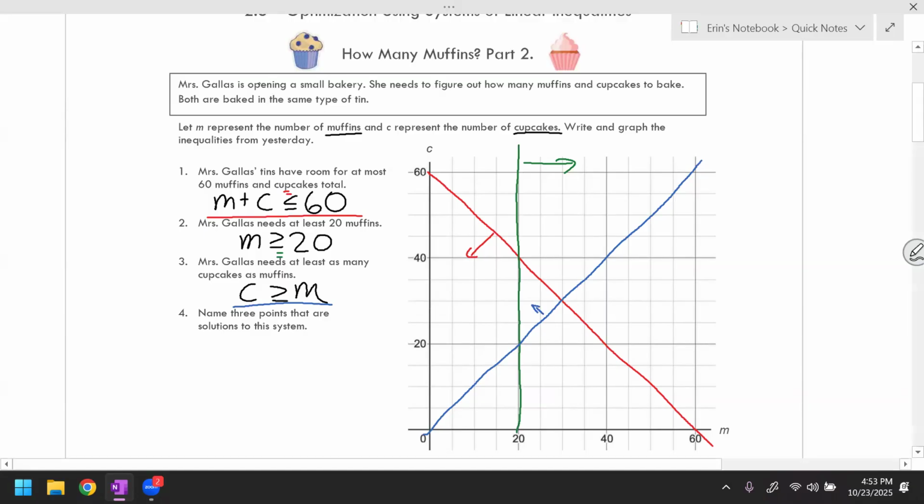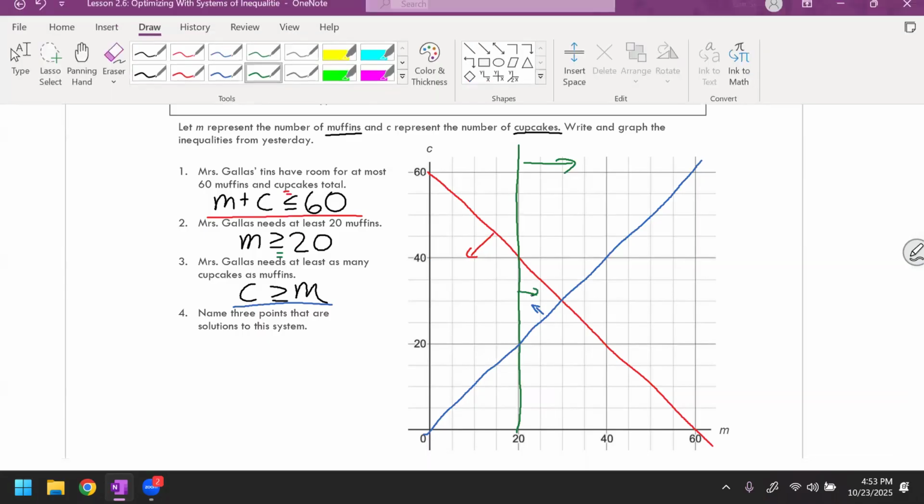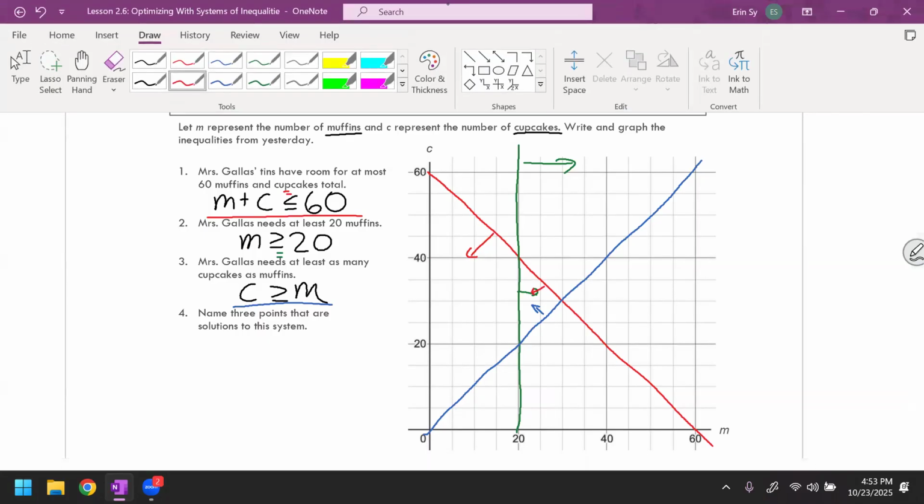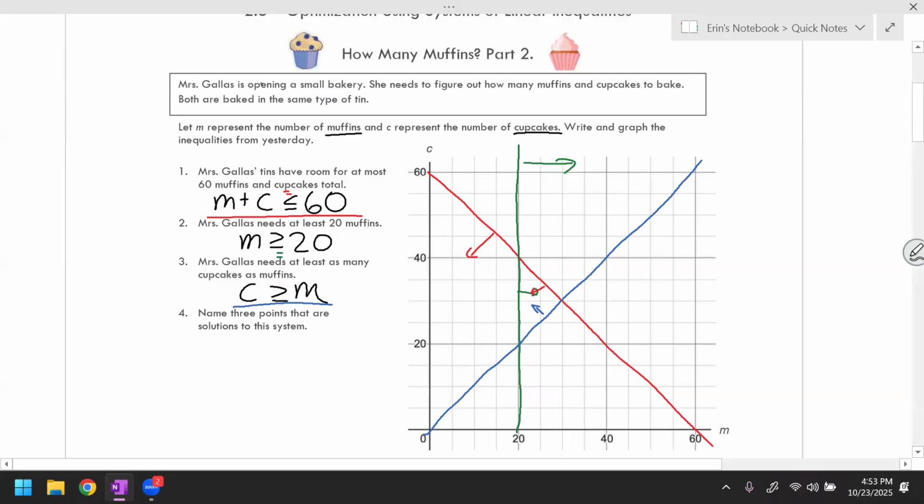So you can see that if we're on this side of the green, the bottom side of the red, and the left side of the blue, we're always inside this little triangle here. This is our feasible region. So in this region are all of the solutions to this system of inequalities.